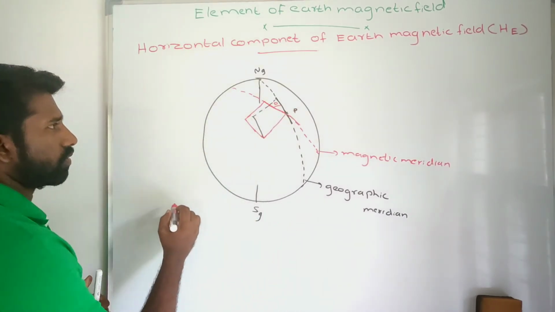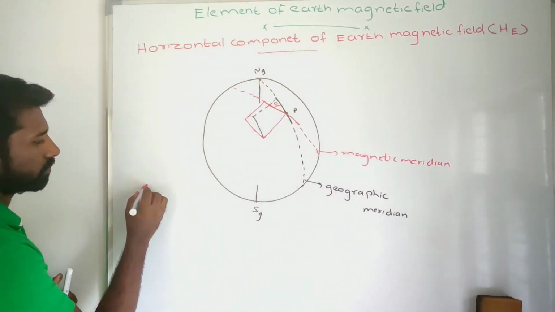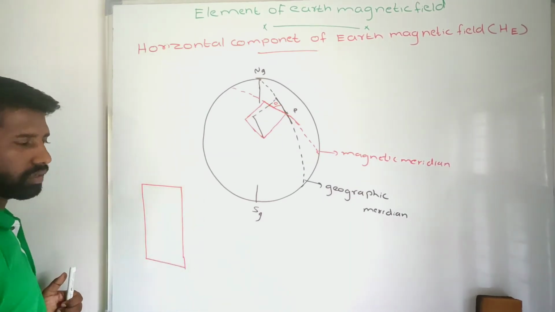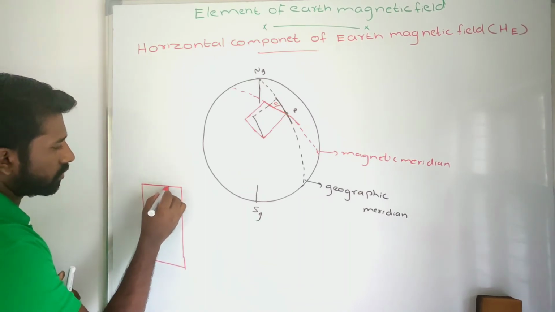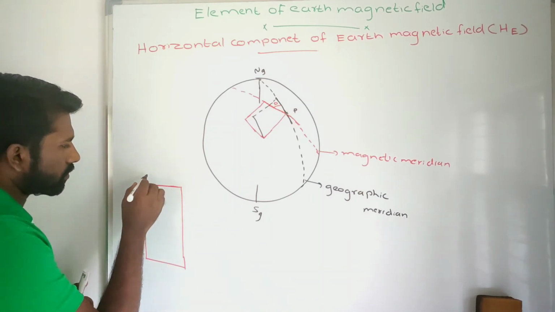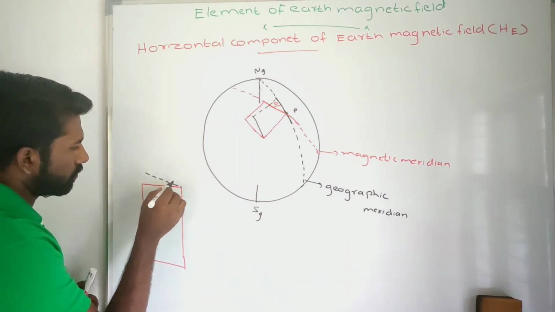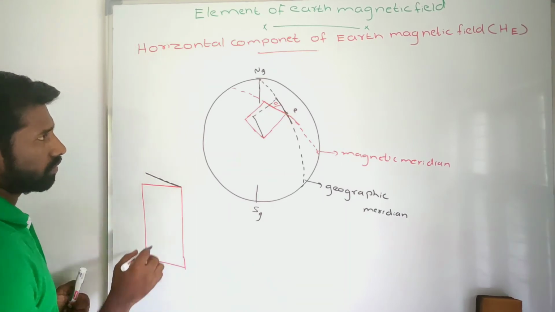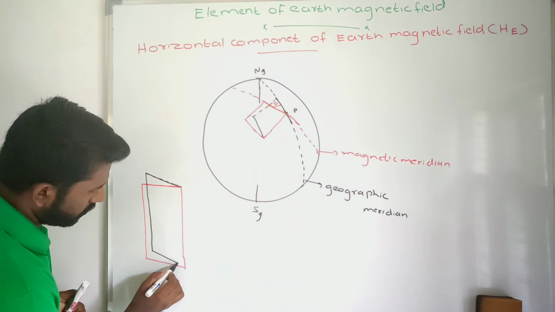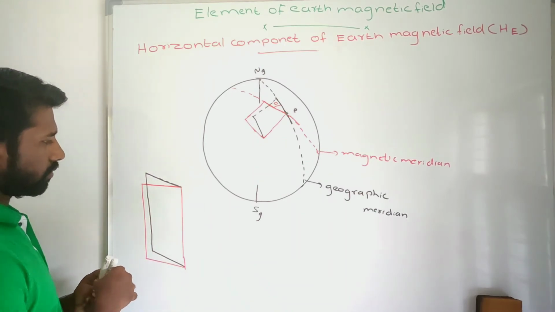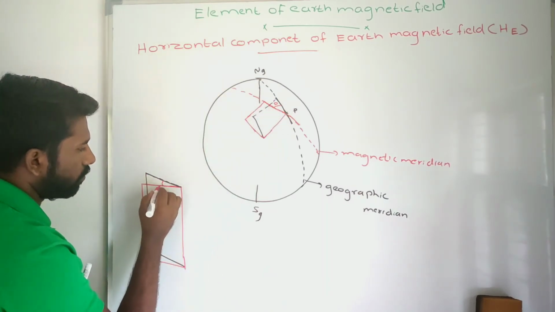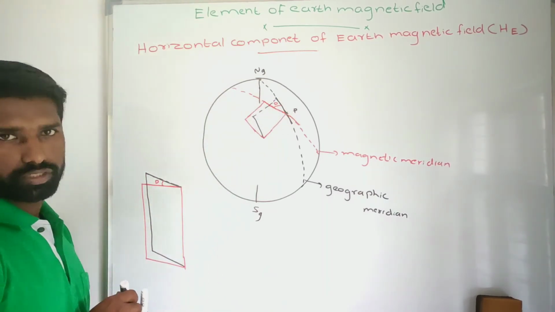Look here, this is the tangent on the magnetic meridian. Then you see, this is the tangent on the geographic meridian. The angle between these two is the declination.